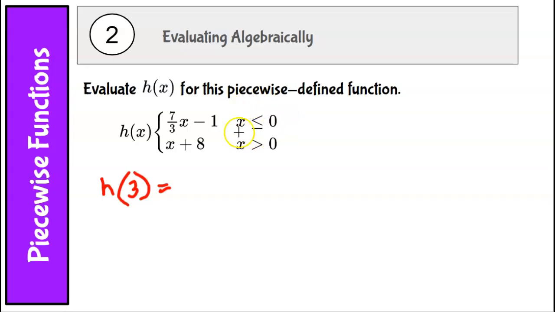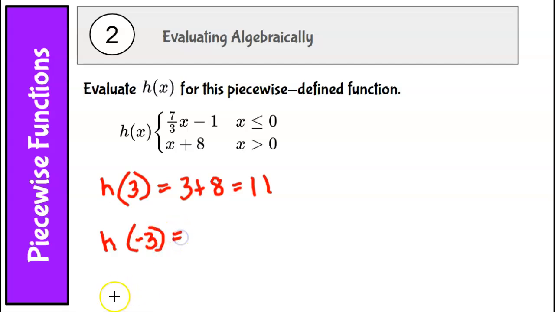Anything less than or equal to 0, we're going to use this one. So I'm just going to put 3 where the x is, and the answer is 11. If it was h of -3, I would use this one because this one is for when x is less than or equal to 0.